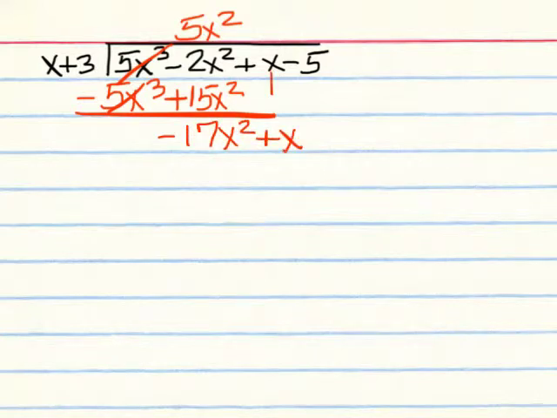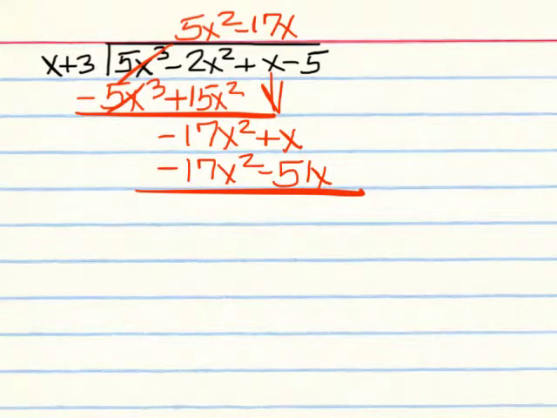And drop your x. So now I have to multiply x by negative 17x to get negative 17x squared. So negative 17x goes here. Multiply to get this, and then this. Remember, this times this is what gives me this.